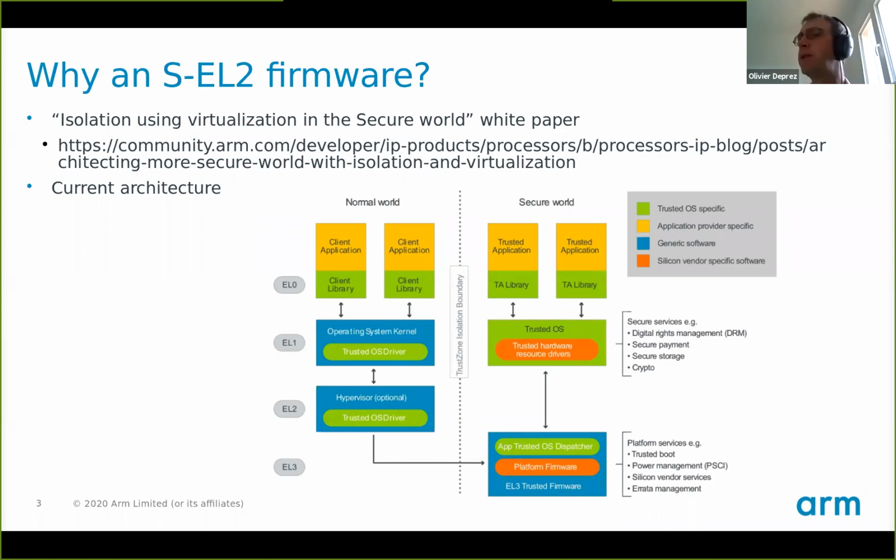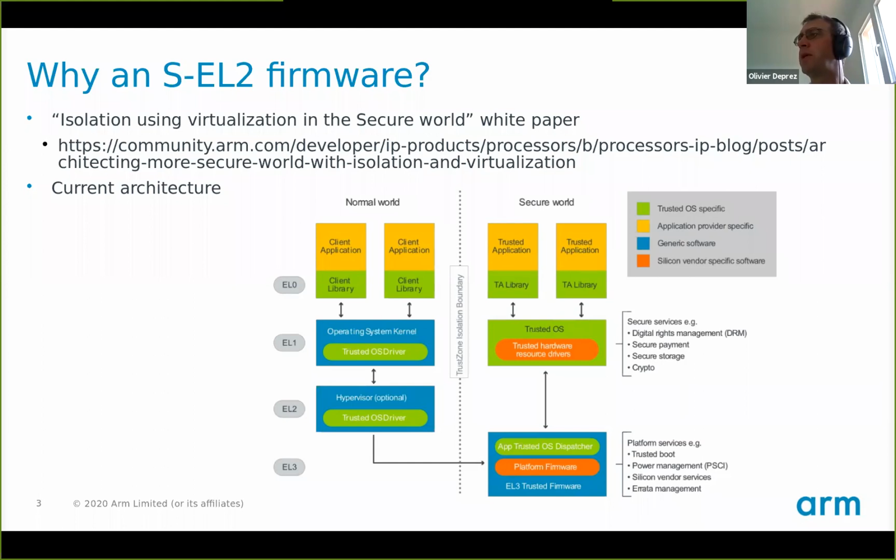As we can see here, we have a number of components. Normal world on the left-hand side, secure world on the right-hand side. And what we can observe in the secure world is that EL3 contains two flavors, and even three flavors, of components.